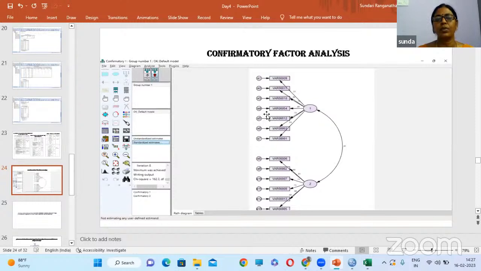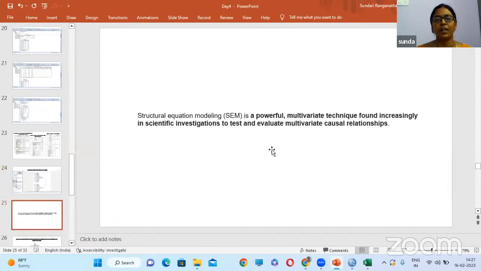So before we proceed with further analysis with these statements, it is the responsibility of the researcher to confirm that these variables are grouping together. So I'm giving an assurance that the factors that emerged out of exploratory factor analysis also conform to the statistical standards to proceed with further analysis. Okay, that's the purpose of it.